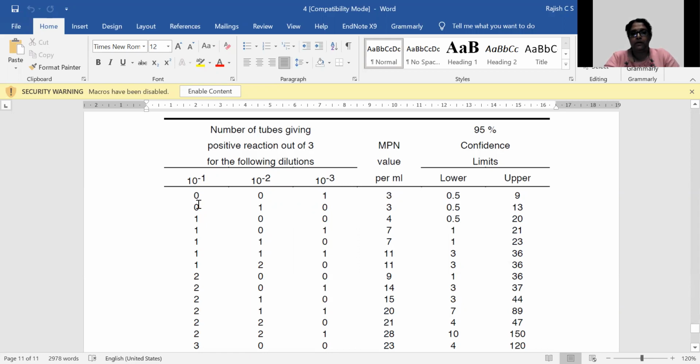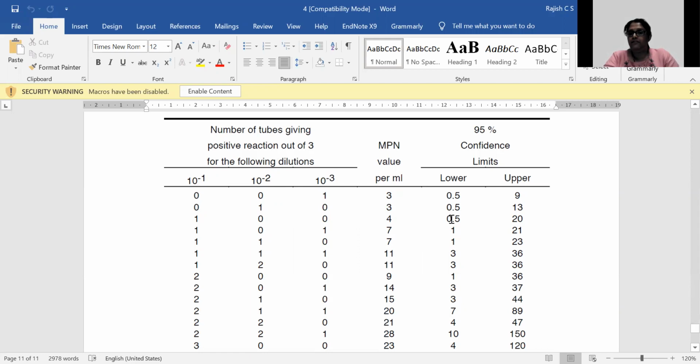If 10 power minus 1 gives no reaction, 10 power minus 2 has one tube giving reaction, but in 10 power minus 3 the tube doesn't give reaction, then depending on that, we will get the most probable number per ml and the statistical probability for that.